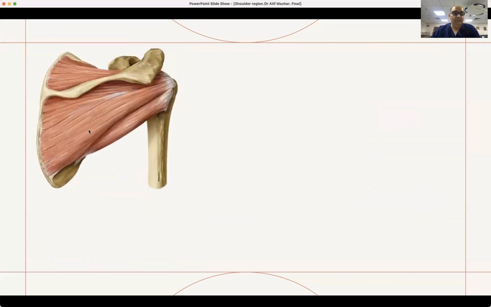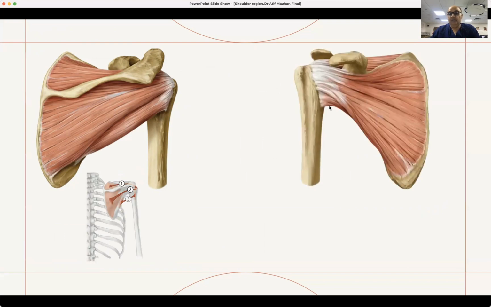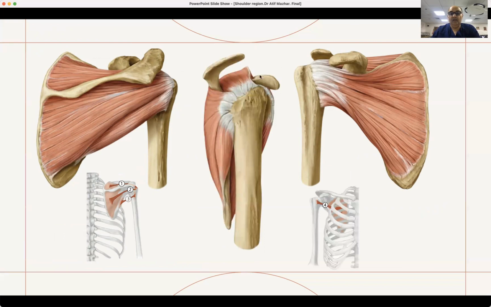Now let's look at them. Supraspinatus, infraspinatus, and teres minor. You can see all of them separately. There you are looking at subscapularis. And then you can see all of them coming to enclose this head of the humerus and looking at different locations. So they are one of the stabilizing factors for the integrity of my shoulder joint.